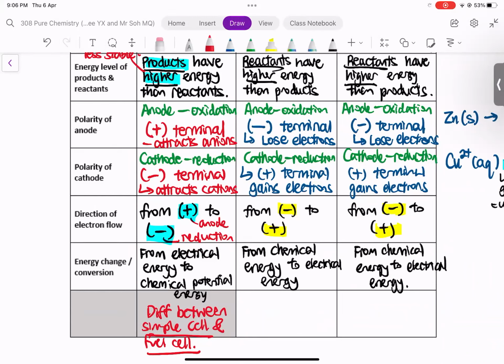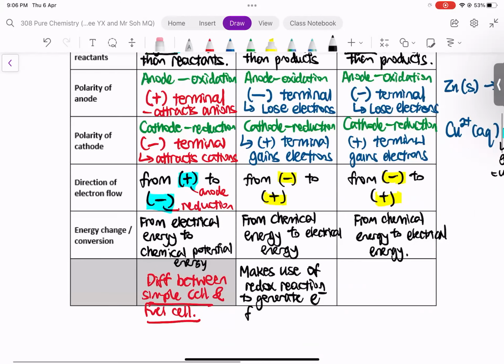There is only one subtle, slight difference, and that is a simple cell makes use of a redox reaction to generate electron flow.